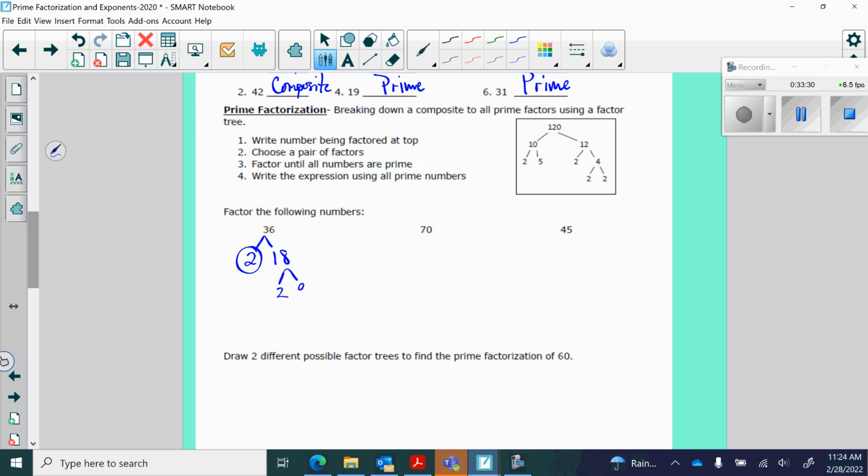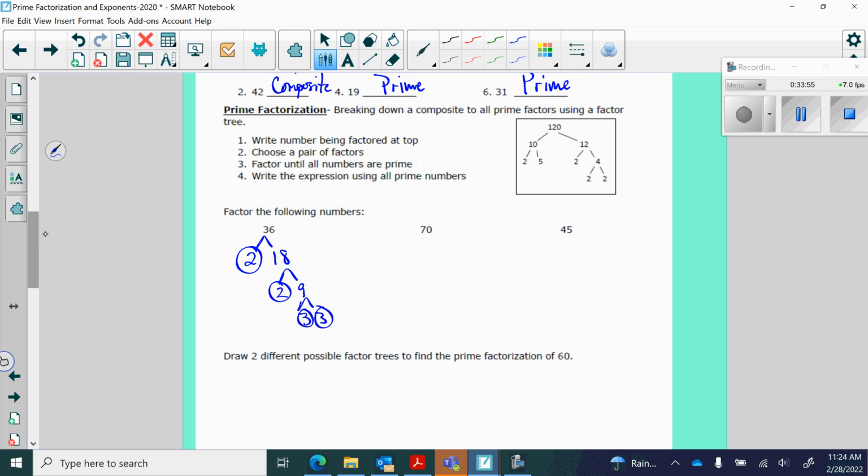So that becomes 2 times 9. 2 again is done. Can I divide 9 by 2? By 3? Yes. So that one is 3 times 3. All of my branches are now ending in a circle. Once all my branches are circled, that means I am done. Now all I have to do is rewrite it in a multiplication sentence.